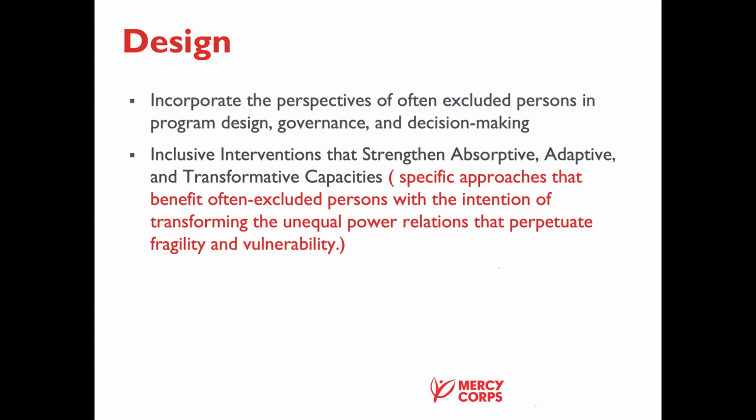It means the specific approaches that will benefit often excluded persons with the intention of transforming the unequal power relations that perpetuate fragility and vulnerability. And I know we are all clear about issues of unequal power relations that often perpetuate fragility and vulnerability, which of course are exacerbated in times of shocks and stresses.